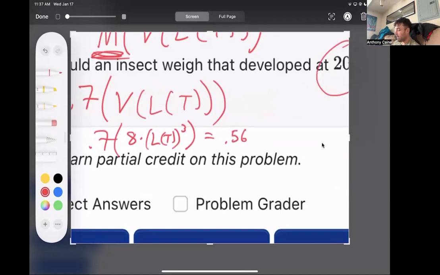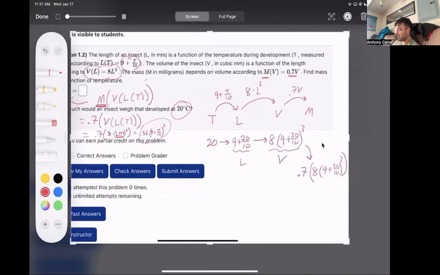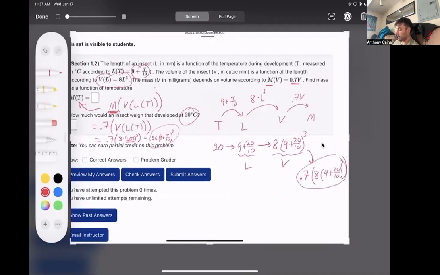So I'm just going to combine that. And then I have L. But L is what I want to know. So L was 9 plus t over 10, and L is what gets cubed. So this here is the same as this here. If I multiply the 0.7 and the 8, this will be 0.56 times 9 plus 20 over 10 cubed.